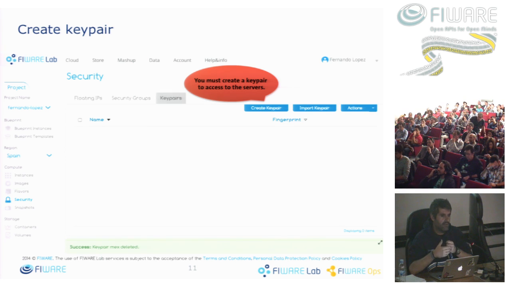The only way to access the virtual machine is using a keypair, a public key. You have to create the keypair before deploying a virtual machine, because when you try to deploy one, the cloud portal asks you about this parameter, the keypair.